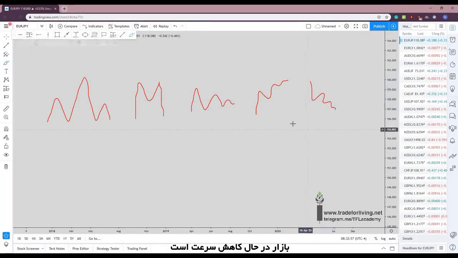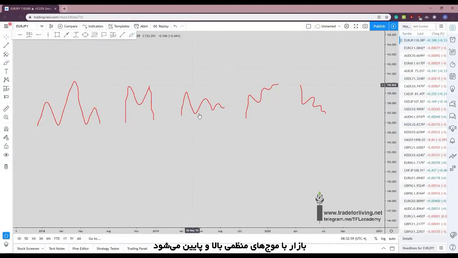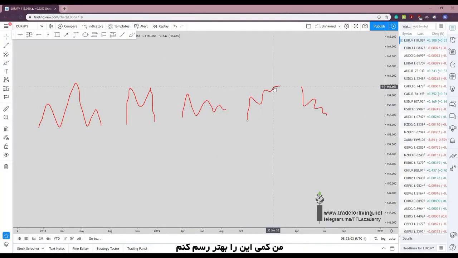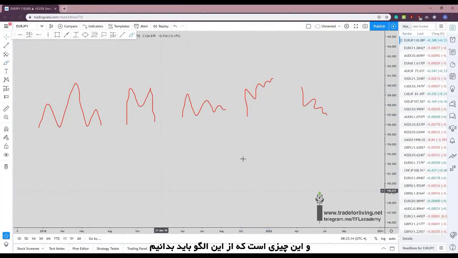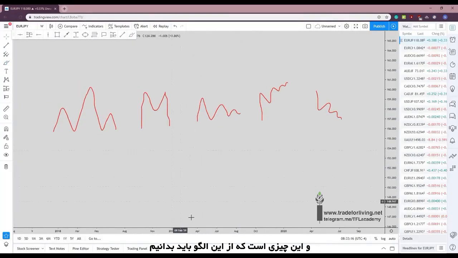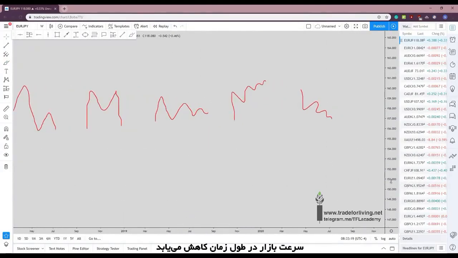You basically get a deceleration of the market. The market was impulsing with very nice waves, and the waves start getting smaller and smaller. I will draw this one a little bit better. The market is moving to the upside, but then the market starts to create waves that are always smaller. And this is what you have with these patterns. The market is decelerating while it is moving.